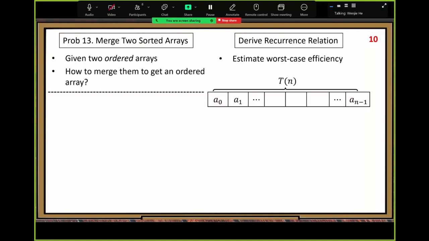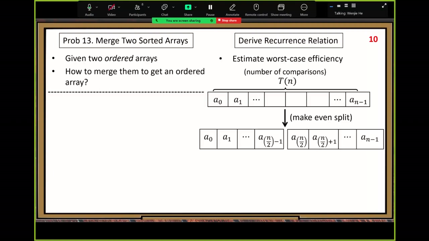Then we do divide and conquer, so we split this array evenly. Each subarray is half of the original size, so we have two subarrays of approximately equal size. Then when you conquer, you sort each subarray by recursion.